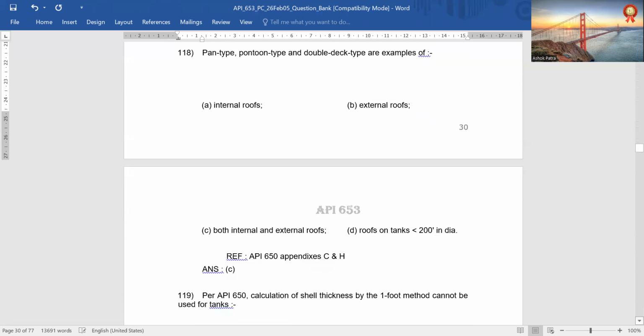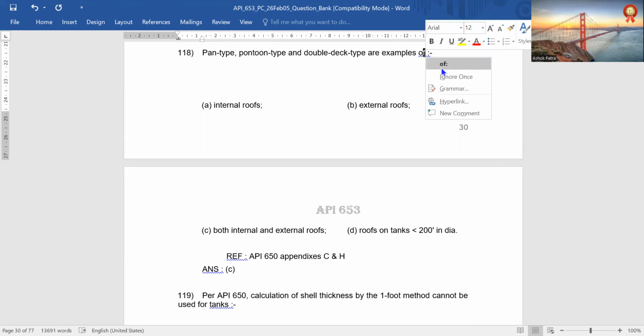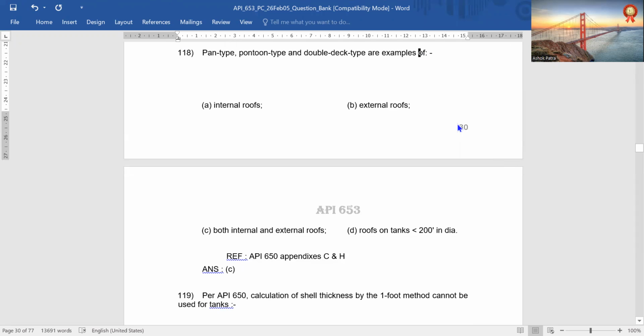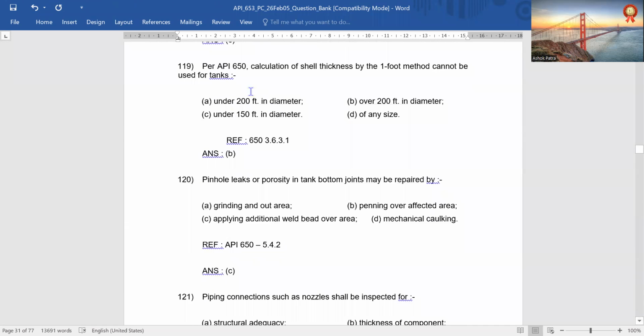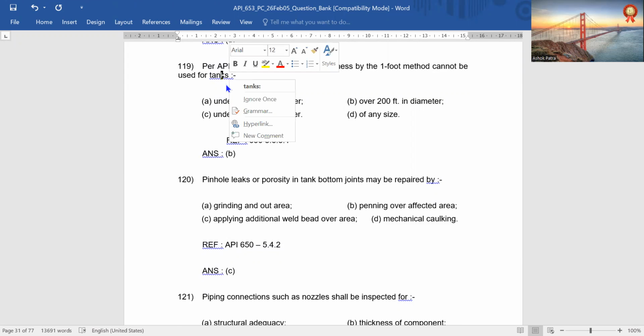Fan type, pontoon type, and double deck type are examples of both internal and external roofs. For API 650, calculation of shell thickness by the 1-foot method cannot be used for tanks over 200 foot diameter.